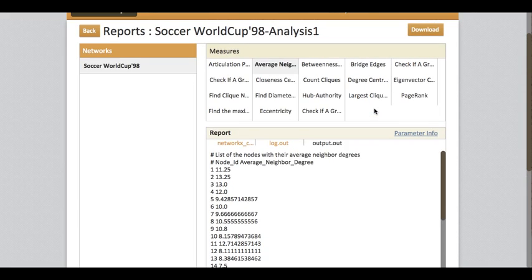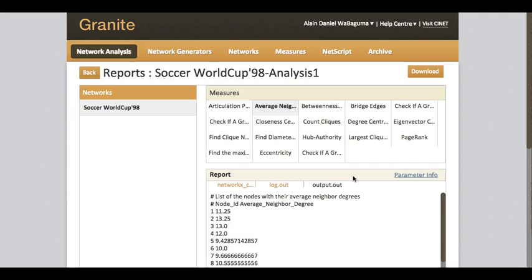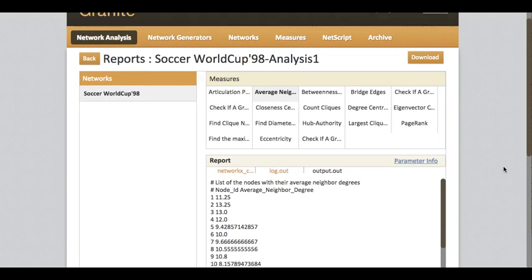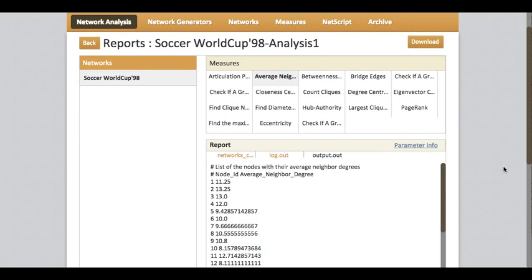So that's for the average neighbor degree. Then I can find out more.